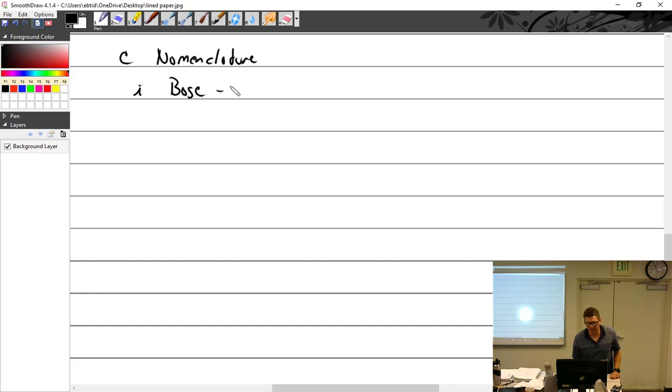Base nomenclature. What is the base? This is the controlling circuit. The base is the controlling circuit.